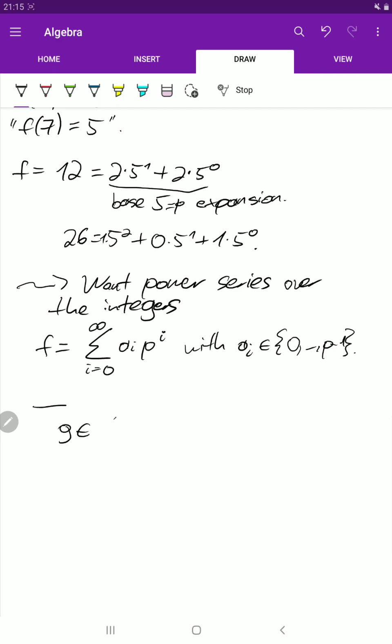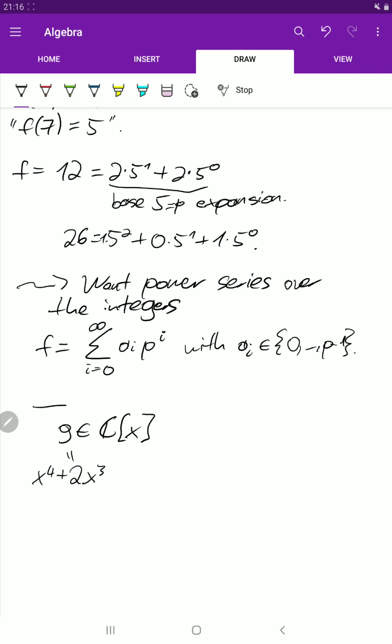So g in C of one variable, and if we set this, for instance, to 2x cubed plus x to the 4, maybe I write it the other way around.